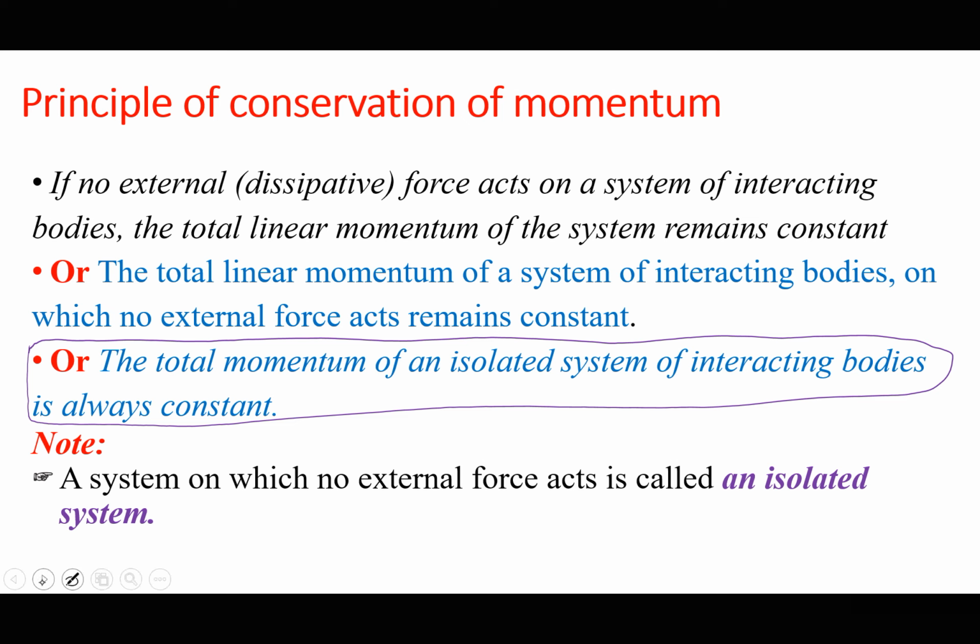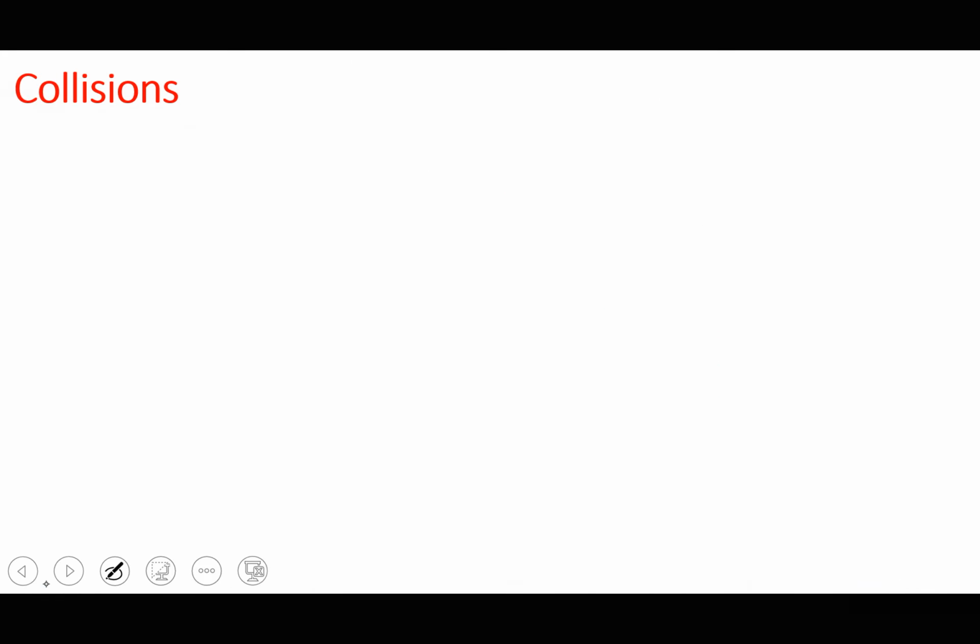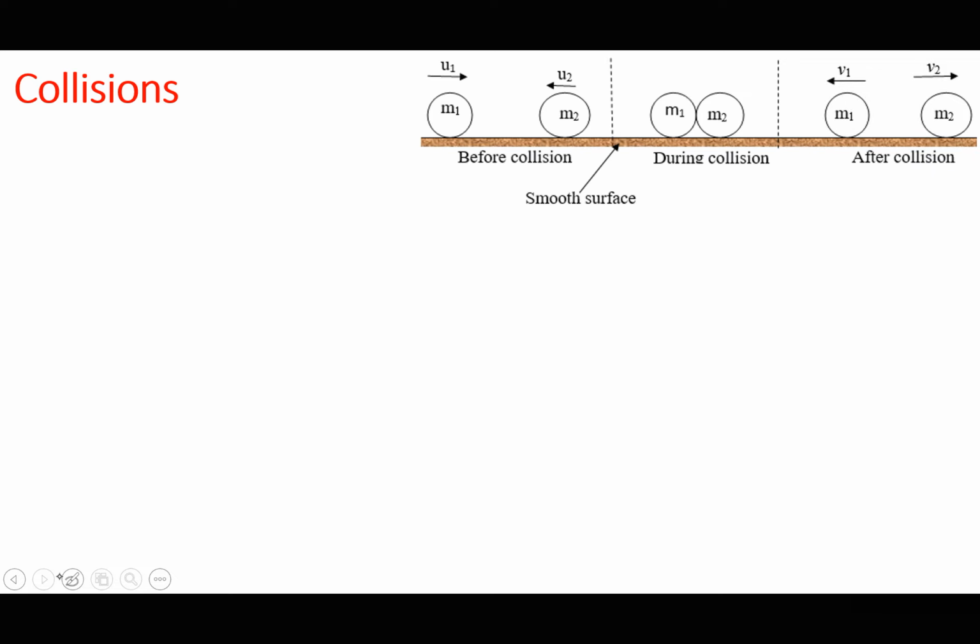Okay, so having known the principle of conservation of momentum, let's now talk about collisions, because collisions are the gist of the topic called dynamics. To understand collisions, we are going to consider two masses, and because this is linear momentum, we are going to consider collisions in a straight line.